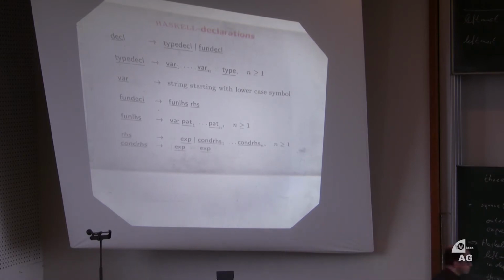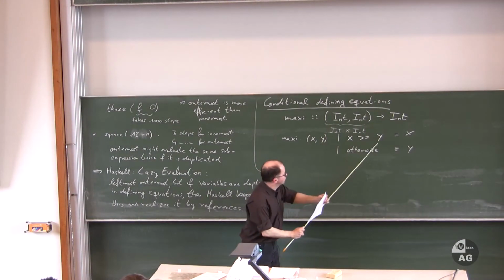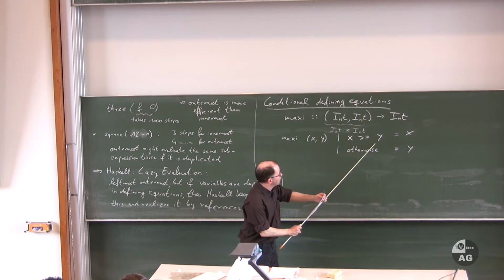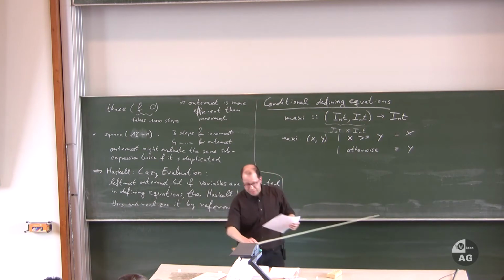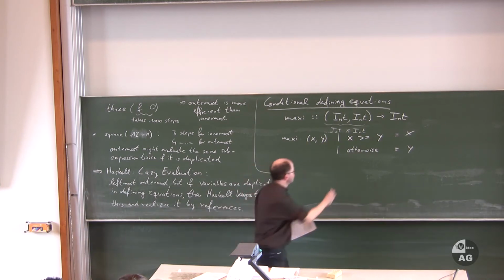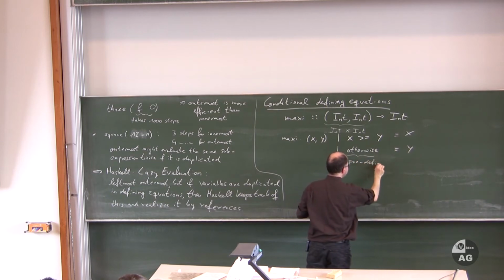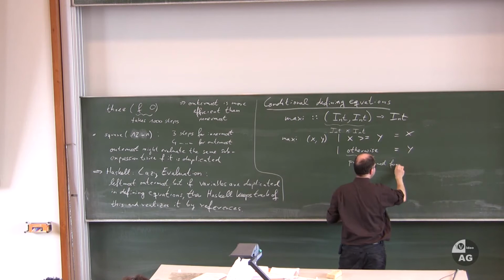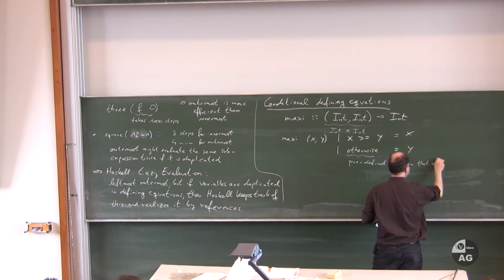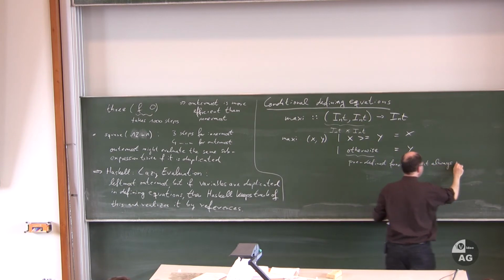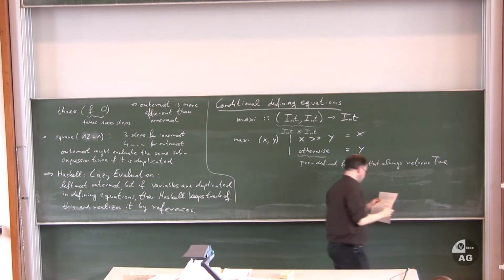So this corresponds exactly to this definition. We have a vertical bar, then a Boolean expression, for example, this here, x greater or equal y, then an equality sign, and then the expression, which is the result. And this otherwise here is a predefined function that always returns true.